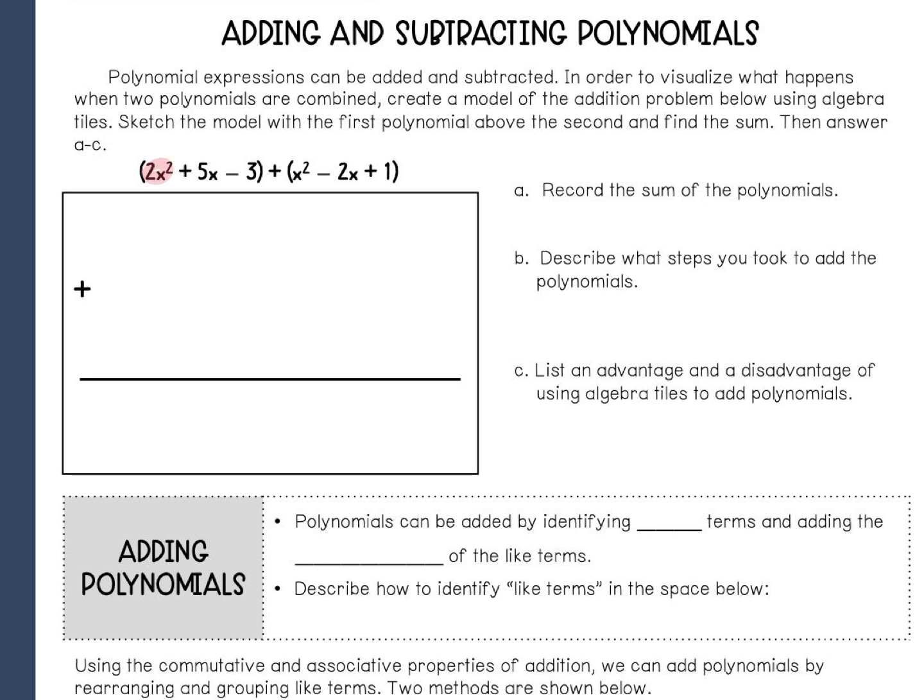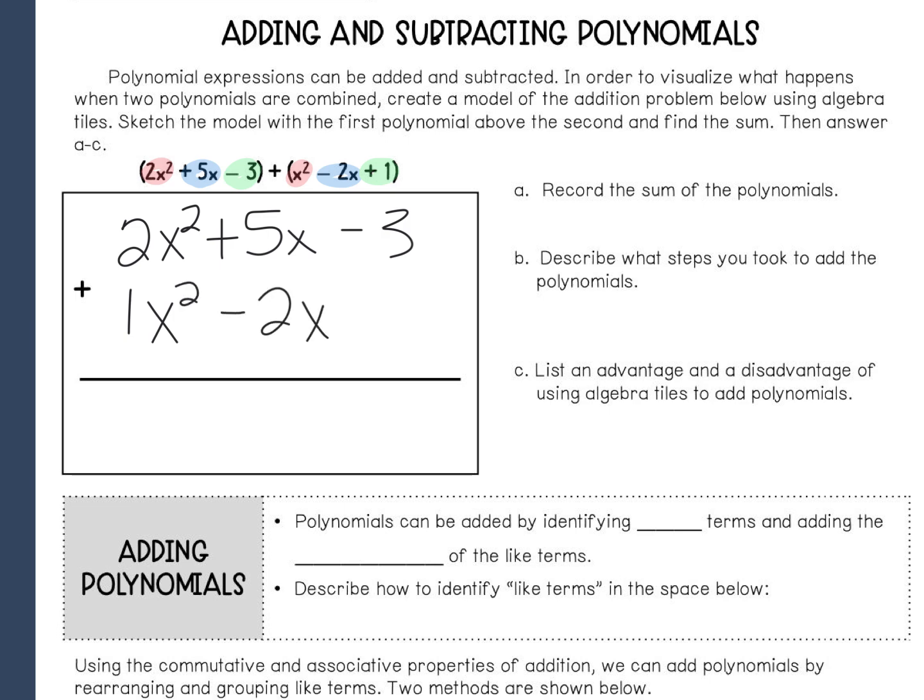We could say, okay, these are x squareds, and these are x's, and these are constants. And then some of you are really good at looking at it horizontally, and you're like, I can put them together this way. But we also talked about you could do this vertically, if this is a helpful method for you, and again, I don't really care which method you use as long as it makes sense to you.